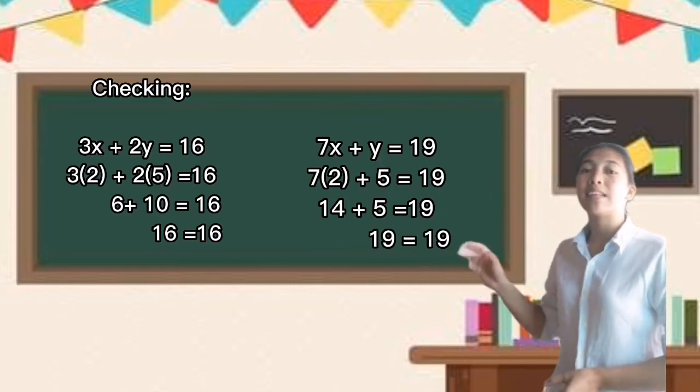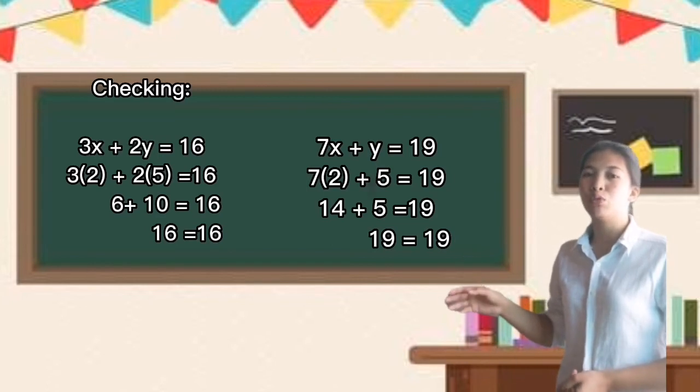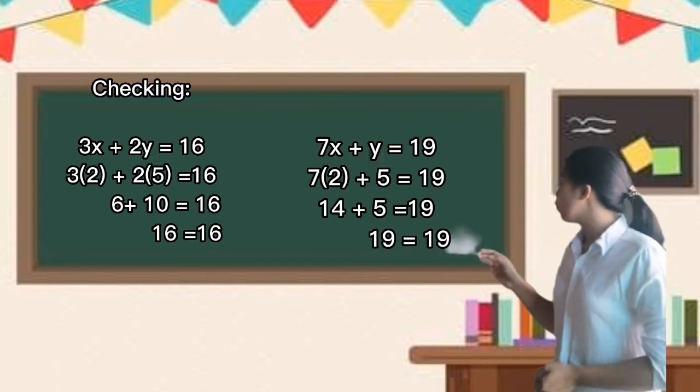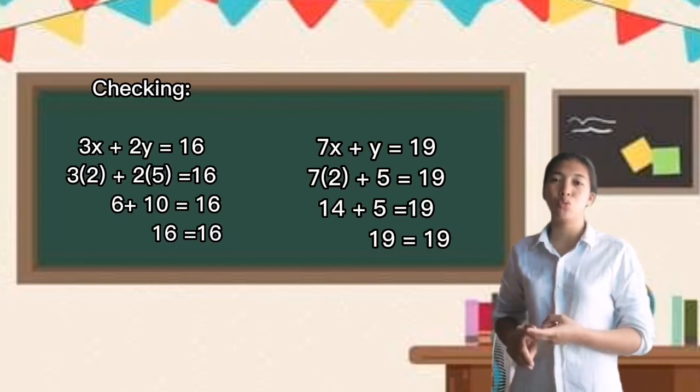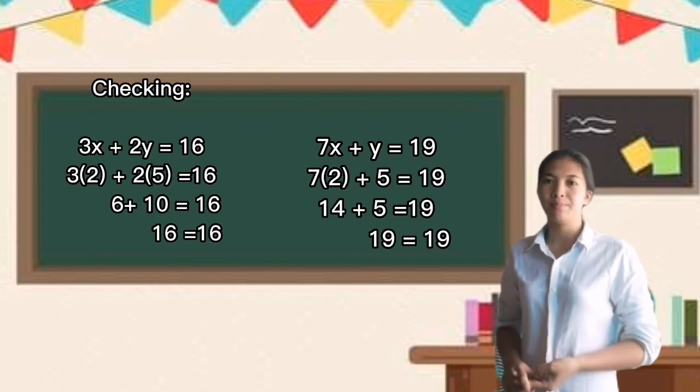So it is equal, 19 equal to 19. Our equation is true. Both equation 1 and 2 are true.